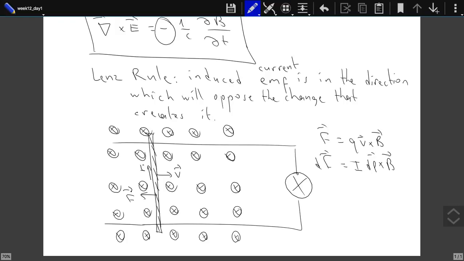So as V is changing, what is happening to the magnetic flux passing through our loop? Does it increase, decrease? Let's say this is our Z direction. Is the flux positive or negative? Remember, our definition of flux is the integral of B over our area.